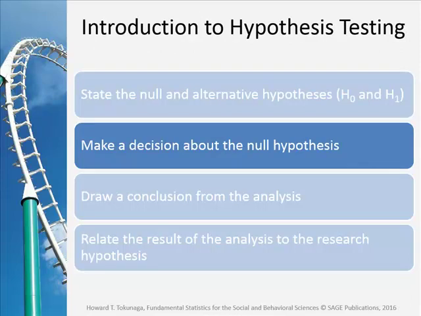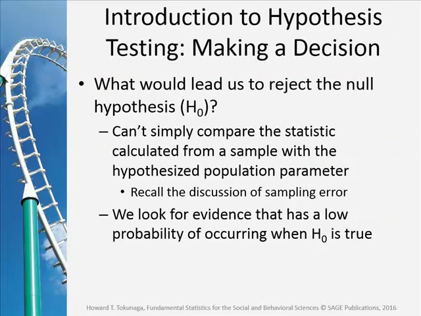The next step, make a decision about the null hypothesis. Remember, we focus on the null, and we make our decision based upon what we're going to do to the null hypothesis. You have two options with respect to the null hypothesis.